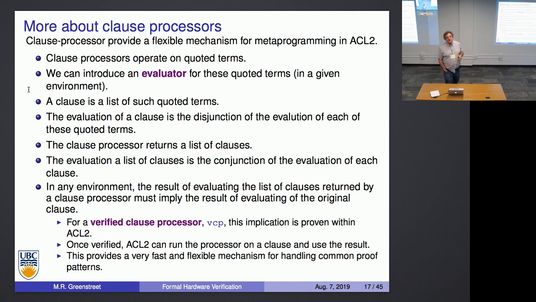Now, this is a little bit of magic that we're doing, because of course ACL2 is first order. So how do we get an evaluator for something? Well, you can define an evaluator for any fixed set of functions. The problem is you can't have things like defun and lambda and evaluate them suitably in a first order theorem prover. Well, that's okay. Given some fixed set of functions, we can define an evaluator that works over those.